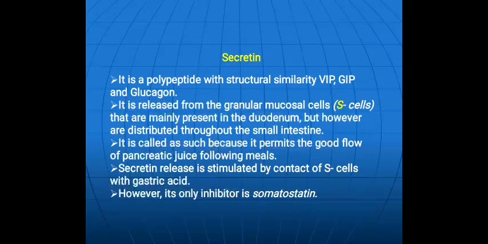The other hormone is secretin. It is a polypeptide with structural similarity to the VIP, GIP and Glucagon, الذي لاحقا سنتكلم عنه. It is released from the granular mucosal cell S, that is mean secretin, S cells that are mainly present in the duodenum, but however are distributed throughout the small intestine.